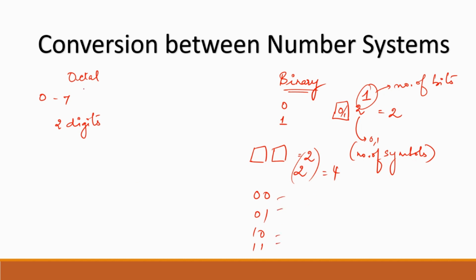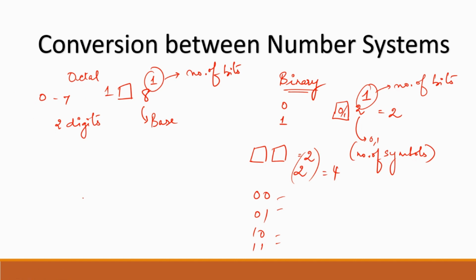Similarly, if I look at an octal number, if there's just one digit, how many numbers can I have? I can have 8 to the power 1, where 8 is the base of the number system and the power represents the number of digits. So here 8 power 1 is 8. So I can have 8 numbers from 0 to 7.